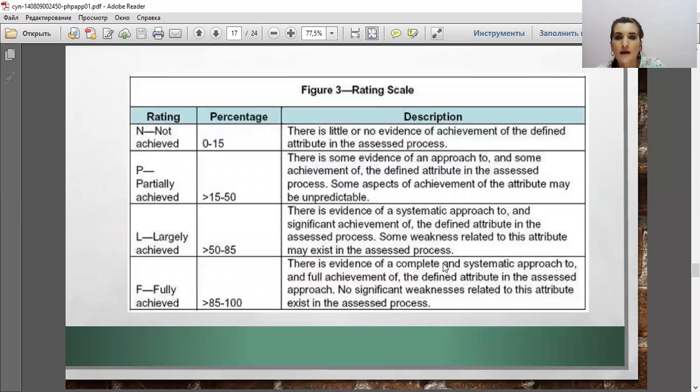So here we can see the rating scales like achieved, partially achieved, largely achieved, and fully achieved. Here is given the description: there is little or no evidence of achievement of the defined attribute in the assessed process.